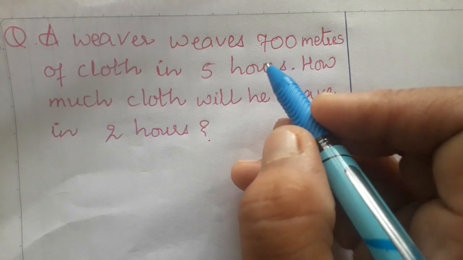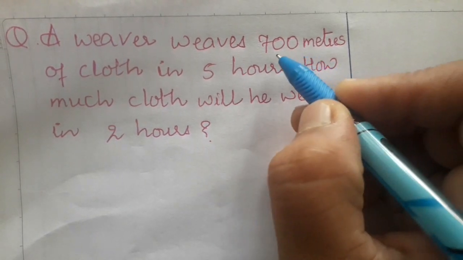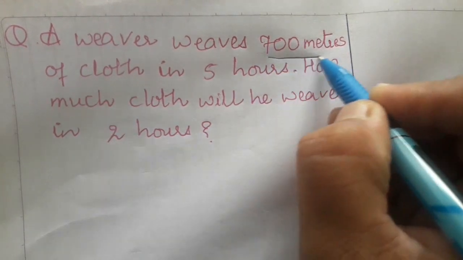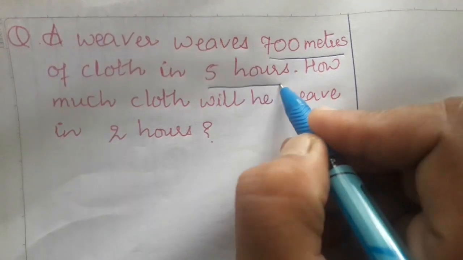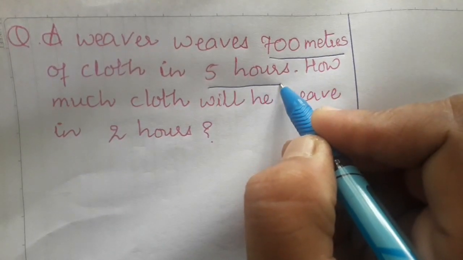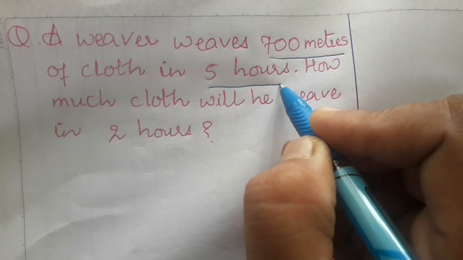One is the quantity given in meters and the other is in hours. So how are you going to proceed? Two methods you can do, and both actually are one and the same. But as you understood at the previous stage, I will do that method first.